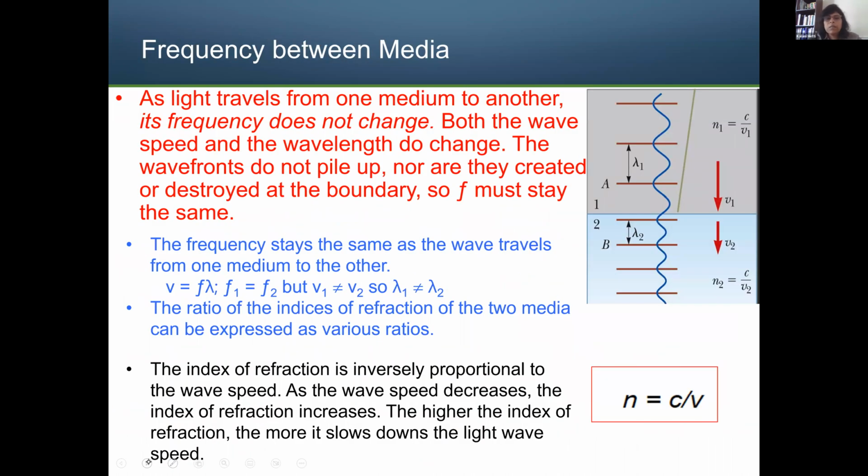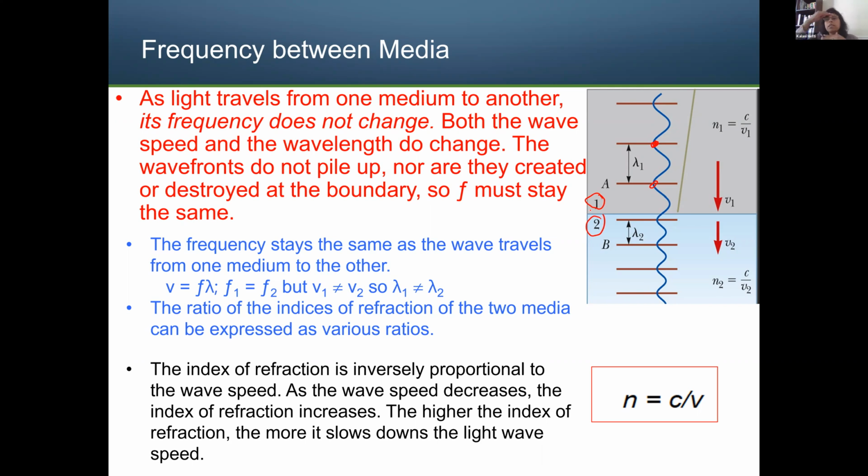So now a little more about this refractive index and the wave traveling into a second media. We know what the wavelength is from your physics 1 class: the crest-to-crest distance of the wave is called the wavelength. Now when a wave travels from the first media to the second media, this is media number 1, this is media number 2, you will see that your frequency stays constant.